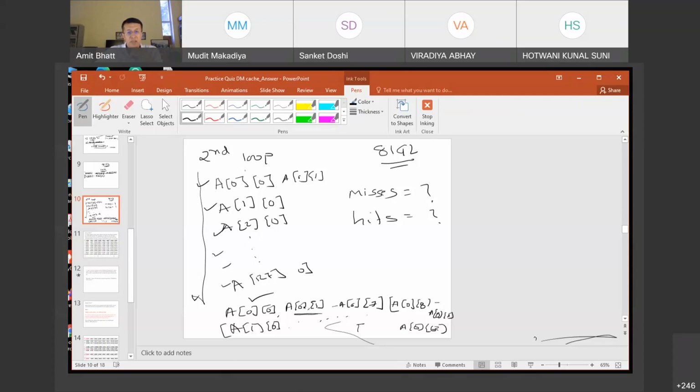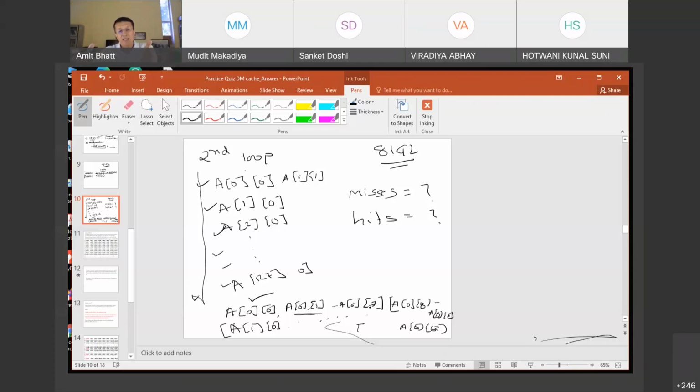So if that is the case, then next time when I need A01, it would be a miss, because this particular block which was brought in initially would have been overwritten multiple times before I can use it again. So I have to bring this block in again. I need A01, so I have to bring in the whole block, A00, A01 to A07, because that's the deal.